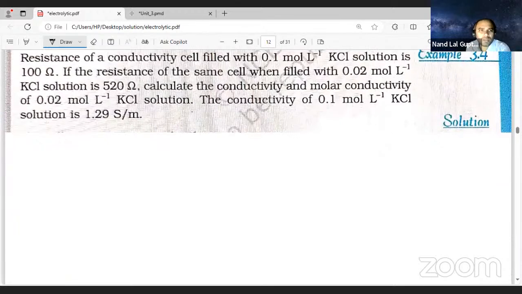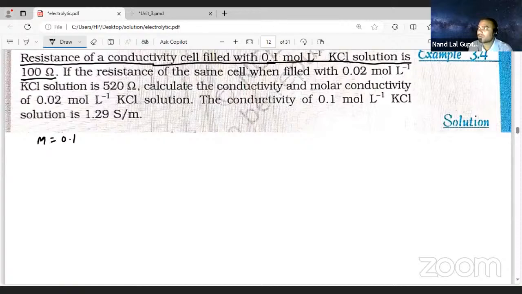Here they are saying the resistance of a conductivity cell filled with 0.1 mole per liter KCl solution is 100 ohm. So the molarity they are talking about is 0.1 mole per liter, and the resistance they have given is 100 ohm.